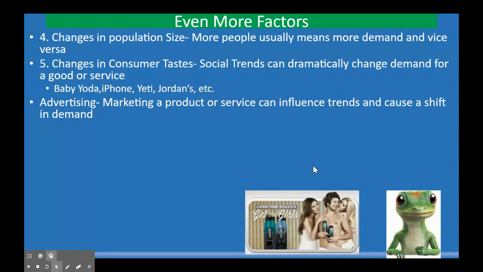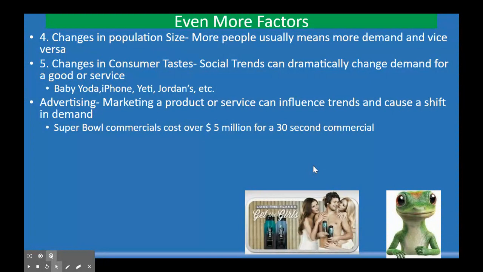Advertising and marketing can also trigger a shift in demand. Super Bowl commercials, for instance, cost over $5 million. They put all that advertising out there to try to get people to purchase these items or use a service or whatever it may be. The Super Bowl commercials are $5 million for a 30-second commercial. So again, you've got to spend money to make money.